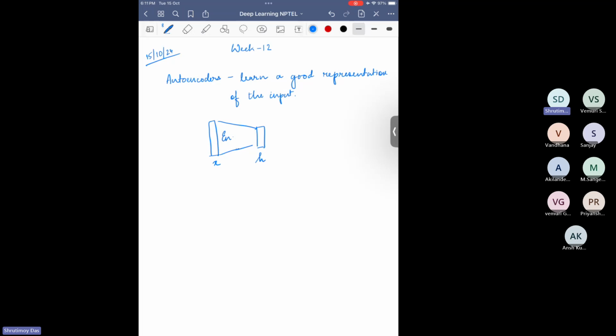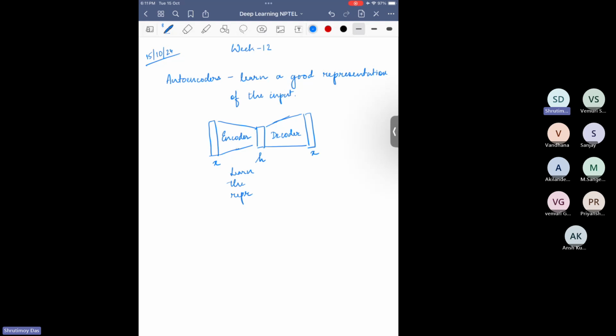This was your encoding part, and this was your decoding part. And then you want to get back the same X, right? So you want this architecture to learn some hidden representation, some information about the input. This is the representation learning part.